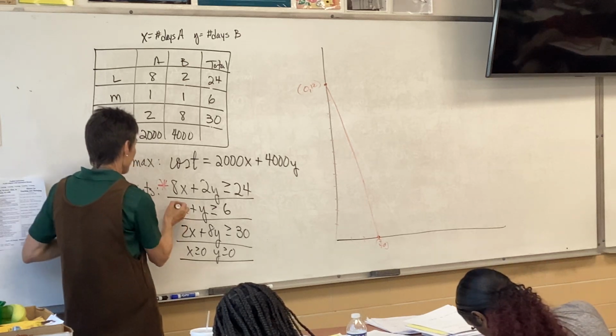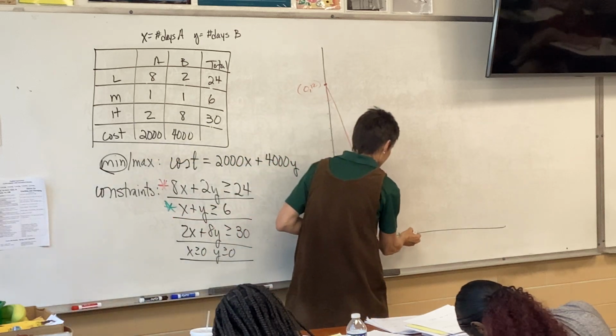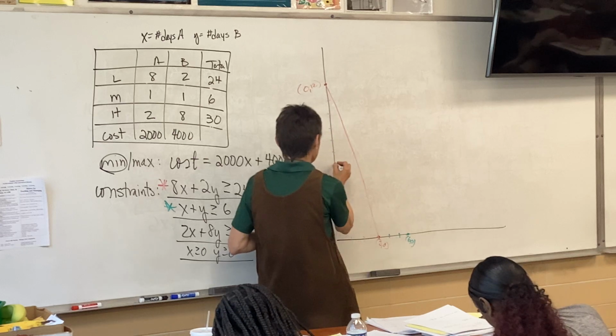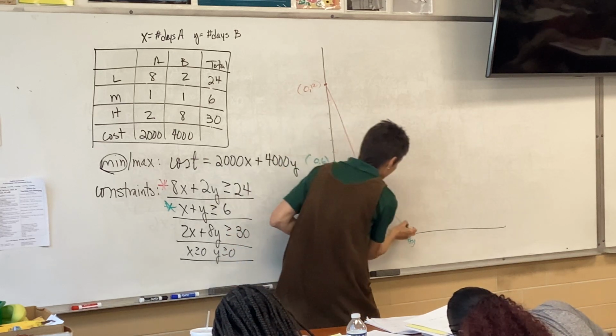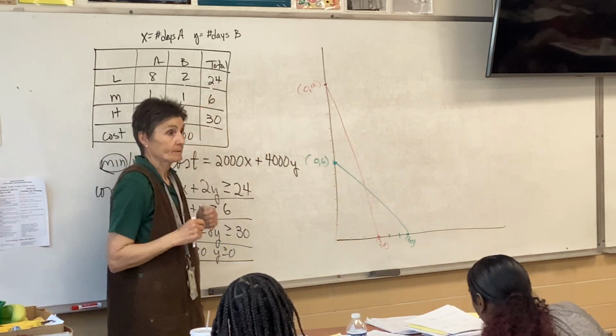All right, I'll do this one in green. So 6. And 1, 2, 3, 4, 5, 6. There's my green. And it too is shaded out.